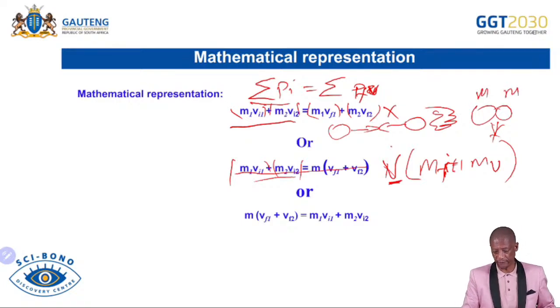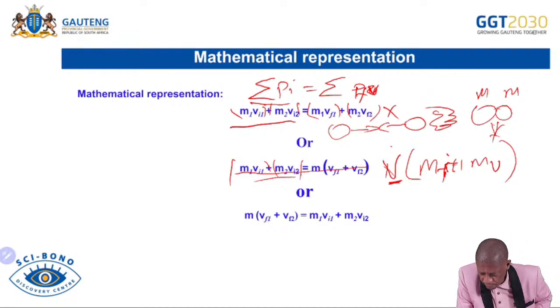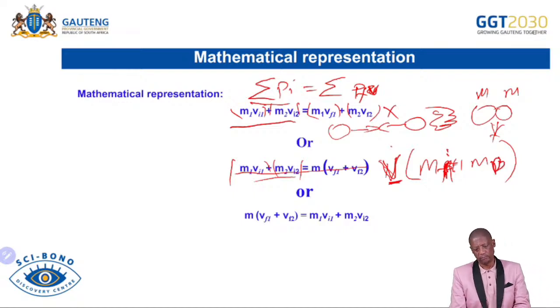Then, if they are moving with a common velocity, there should be one velocity that we need to calculate. And then we have the masses, mass A and mass B, because we are differentiating the objects.